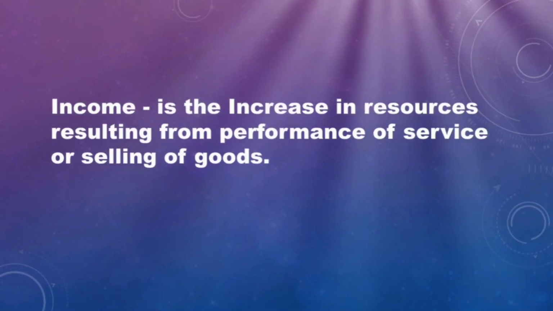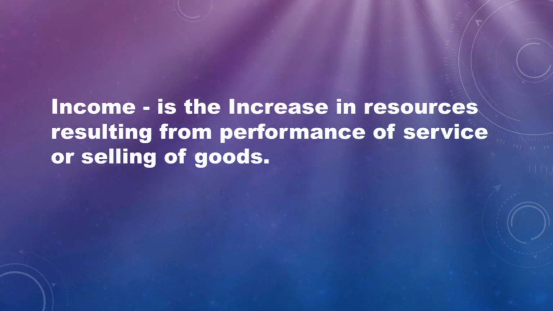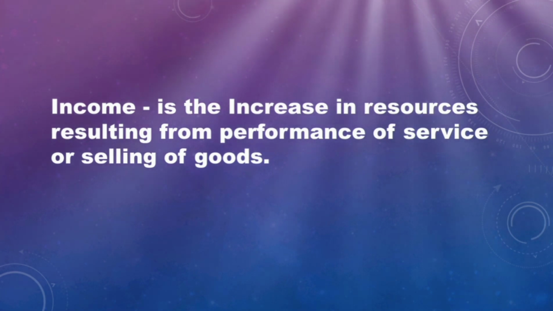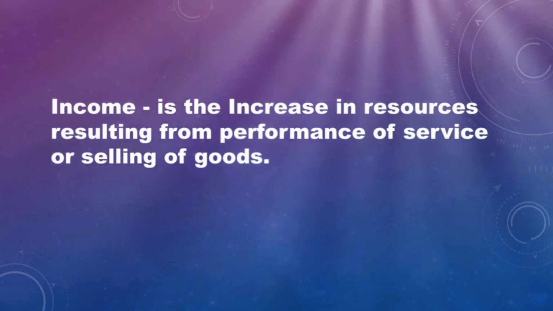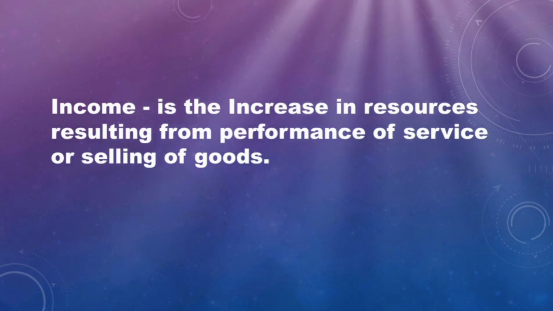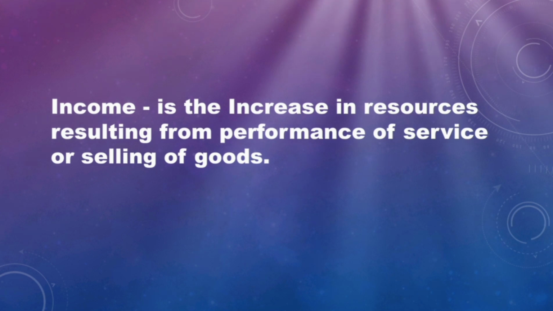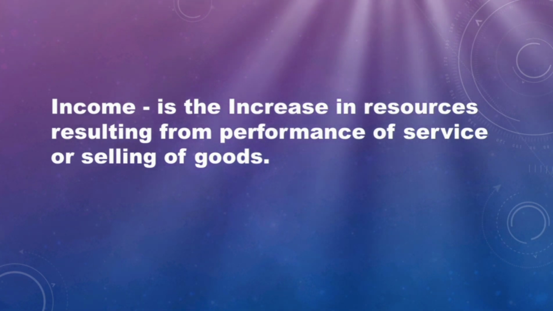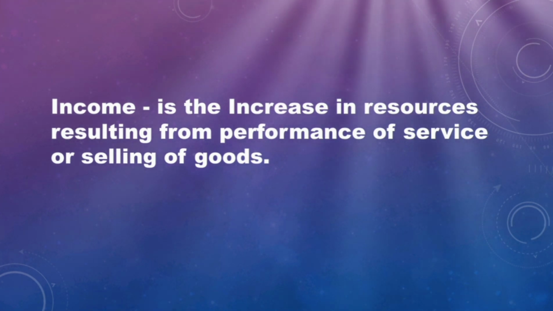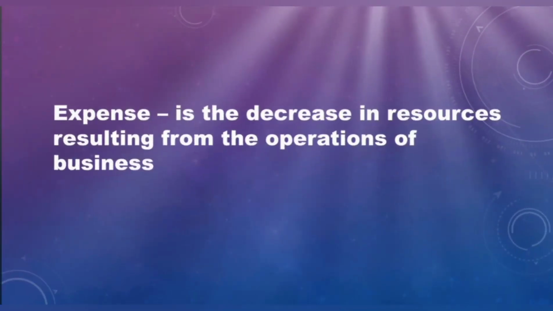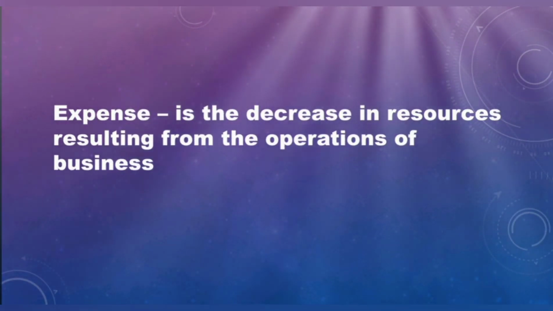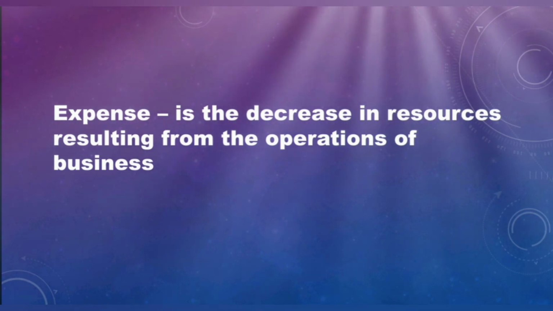So next, we have the income. Income is the increase in resources resulting from the performance of service or selling of goods. For example, service revenue for service entities, and sales for merchandising and manufacturing companies. Next account, we have expenses.